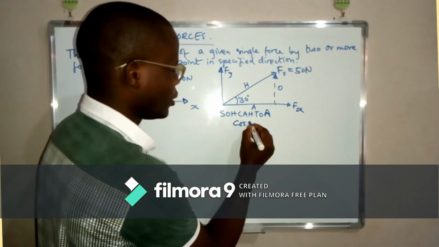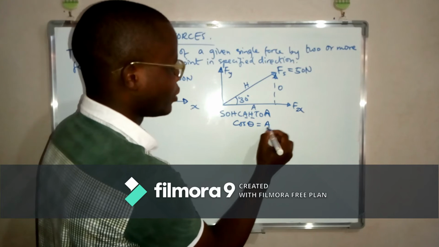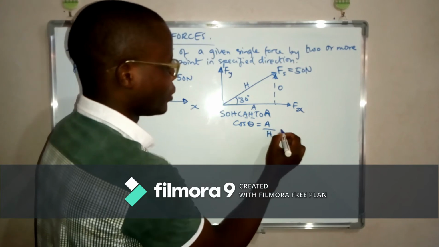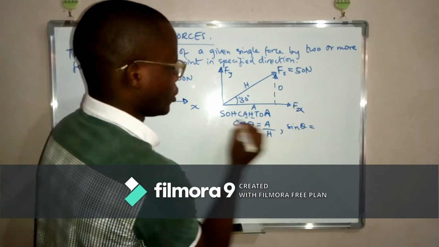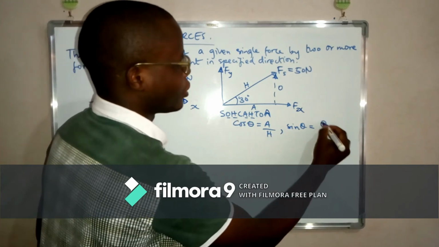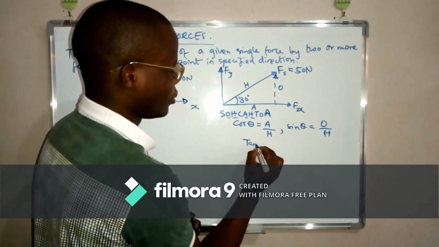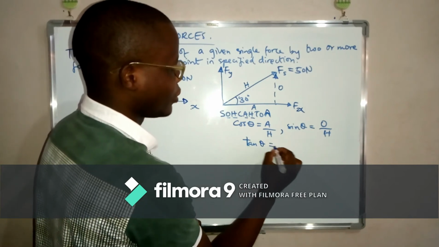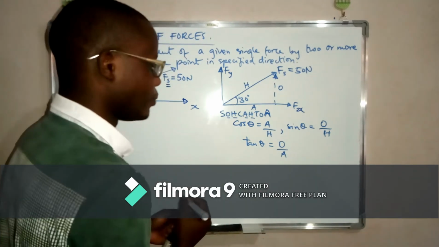Cos theta is equal to adjacent over hypotenuse. Then sine theta is equal to opposite over hypotenuse. And then finally tangent of theta is equal to opposite over adjacent.